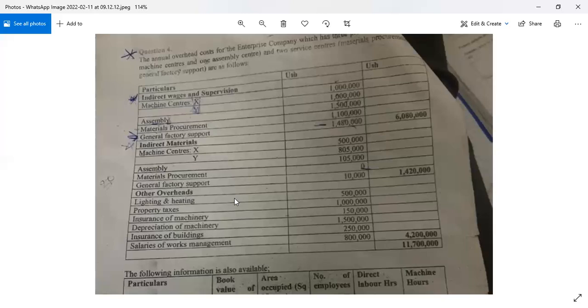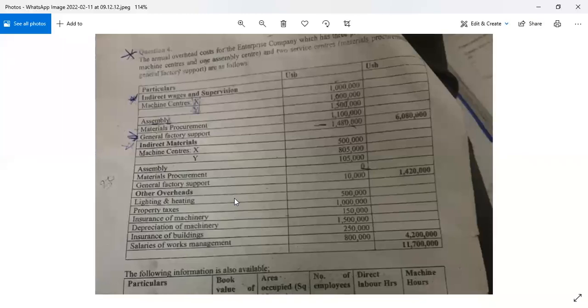So here you're given machines X and Y, then assembly. Those were 3 product centers. And then you had service centers: materials, procurement, and general factory support. So you had 5 cost centers. Clearly, make sure that you know the product centers and the service centers.